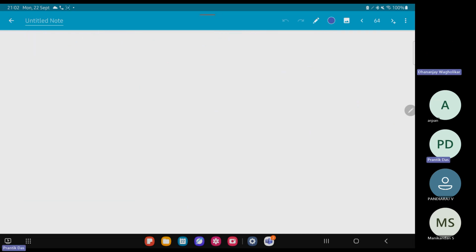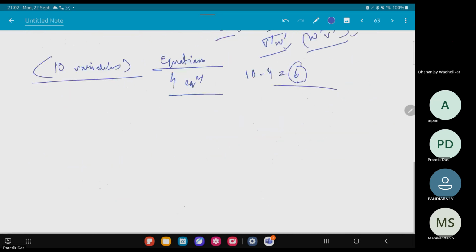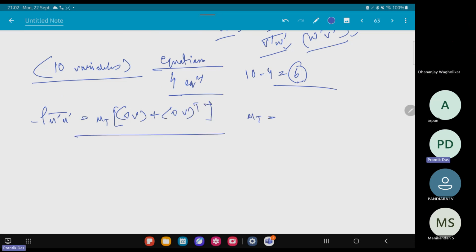So what we do is basically we assume that the Reynolds stress u prime u prime bar is equal to mu t times del v plus del v transpose. And mu t you can find by using different models, for example, the K epsilon model.